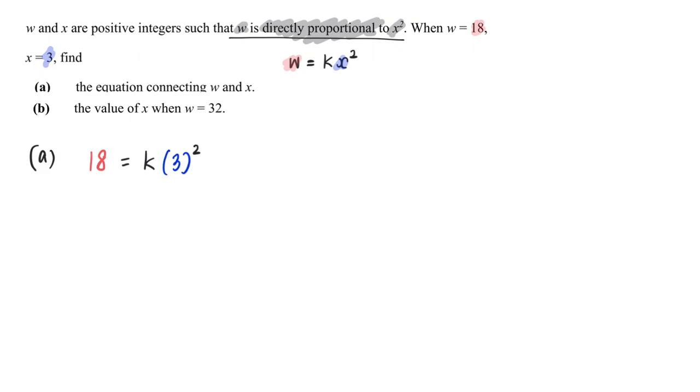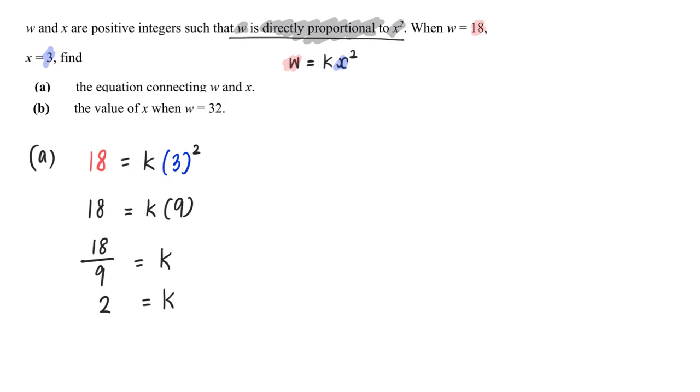And after that, when I solve and simplify, I could find the value of k easily. Okay, so this will be 18 equals k times 3 squared, which is 9. So therefore, I just need to divide by 9 on both sides to give me the value of k.